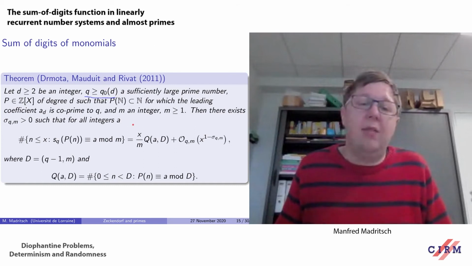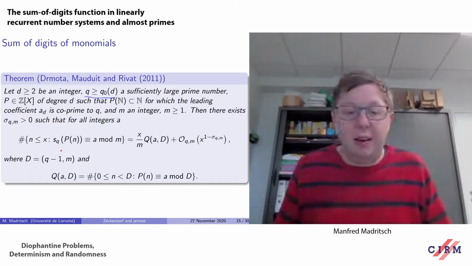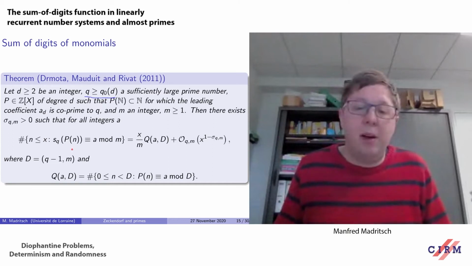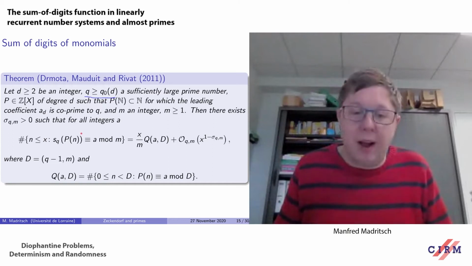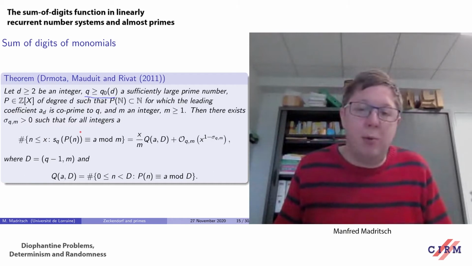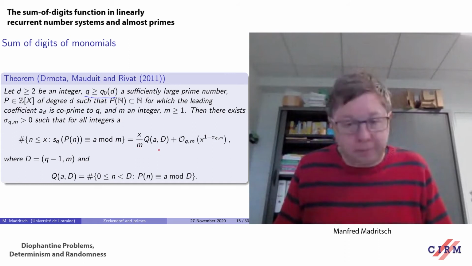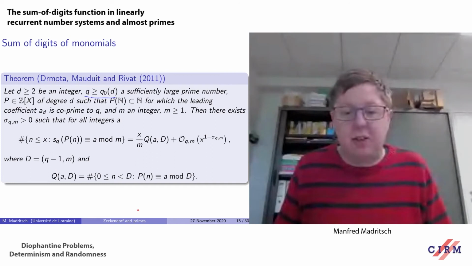So if the base is a sufficiently large prime number, then they can show this. Up to now, I think it's still open for squares. It's known also by Mauduit and Rivat, but for cubes and higher powers, it's still open in general without this restriction. What is the distribution of the sum of digits function?